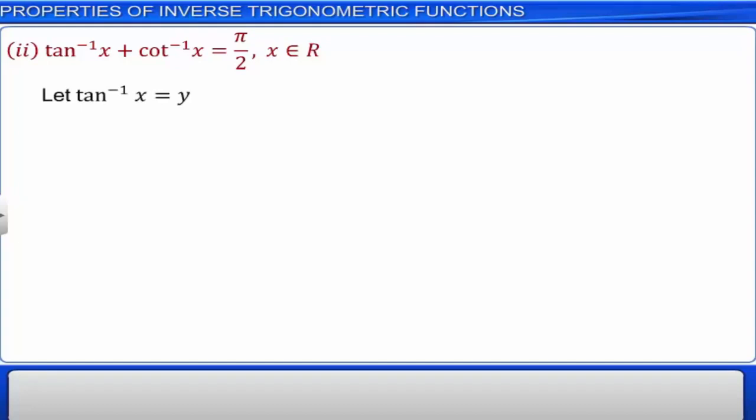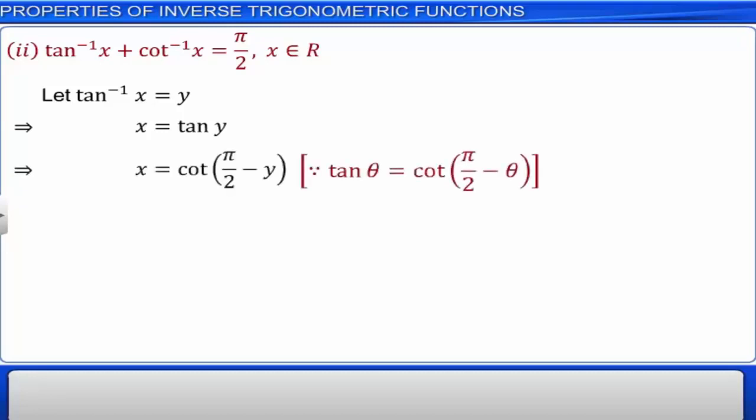Denote tan inverse x by y. This implies x is equal to tan y. Now, tan y is cot of pi upon 2 minus y. This implies x is equal to cot of pi by 2 minus y.